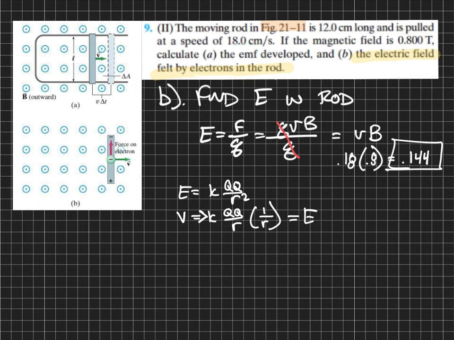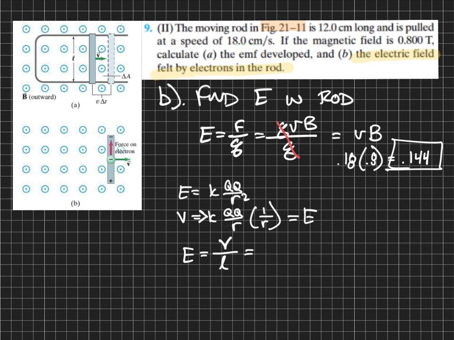So our electric field is our voltage divided by, in this case, L, the length of our rod.